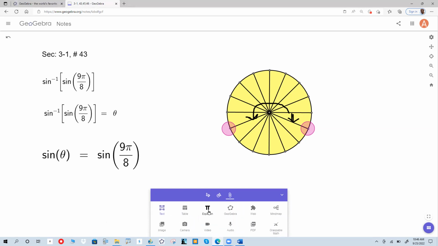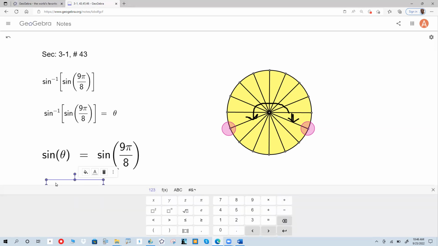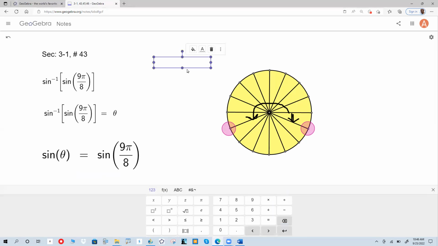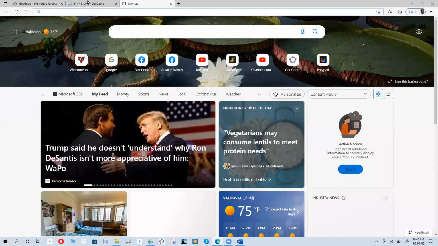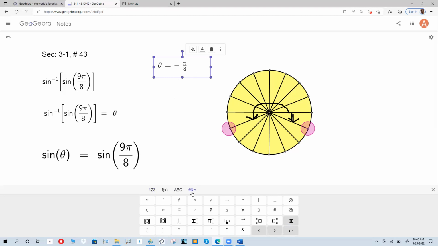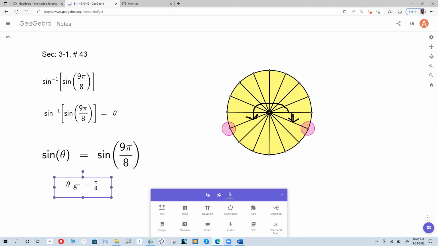It's not really that bad. Theta is equal to negative pi over 8. That's your answer.